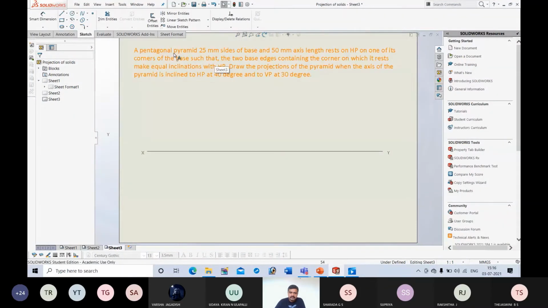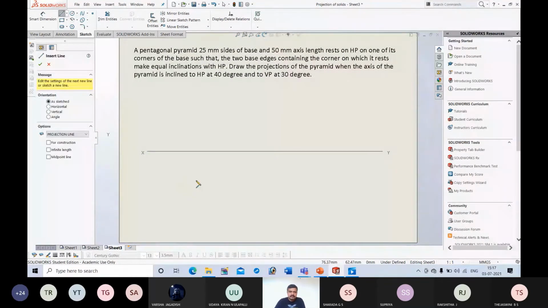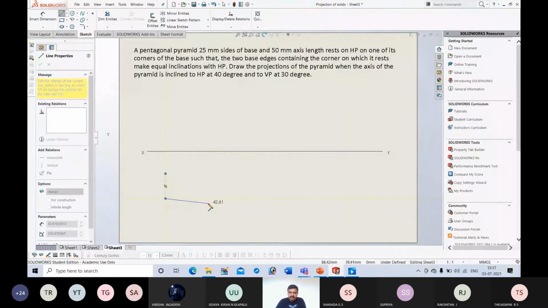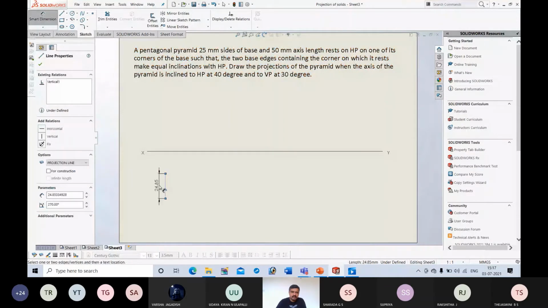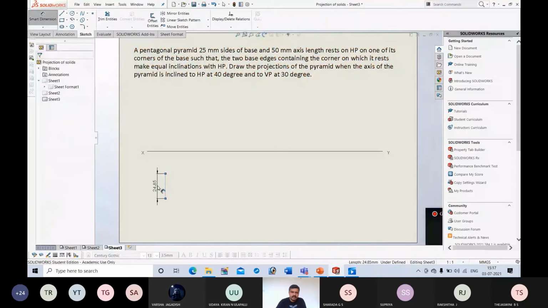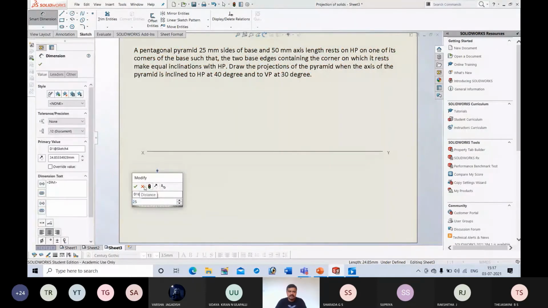Take the resting corner towards the right, so draw a vertical line towards the left. The pyramid has 25 mm sides of base, so here the length of the sides of the base is given. It is 25 mm, so I will dimension it as 25. Next, draw two lines inclined at 108 degrees. Same procedure you should follow.